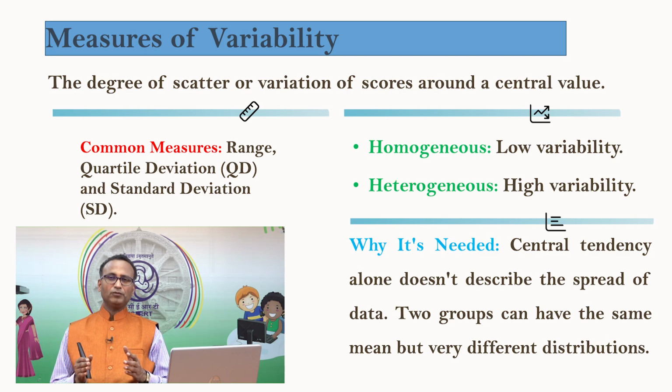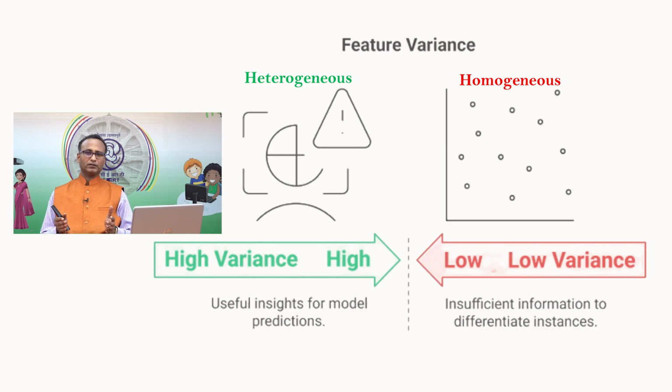The nature of the group means sometimes we say the group is heterogeneous. Heterogeneous means the spread or the variability is more. If you say the group is homogeneous, that means the spread is less. Therefore, the variability is less.